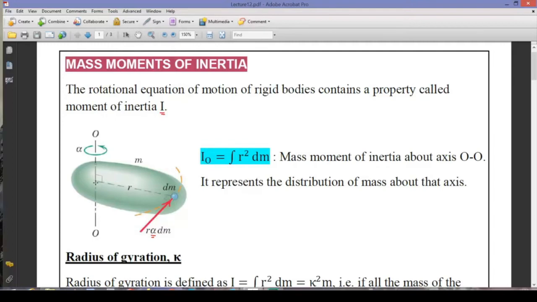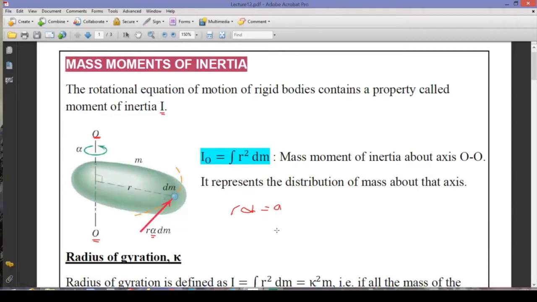Okay, let's say this body is doing a fixed axis rotation, and the axis is defined by this OO line, and about this line, this rigid body rotates. And then at an r distance, there's this finitely small amount of mass dm. The acceleration it experiences is due to this angular acceleration alpha and this r distance. So r alpha in that case becomes our acceleration.